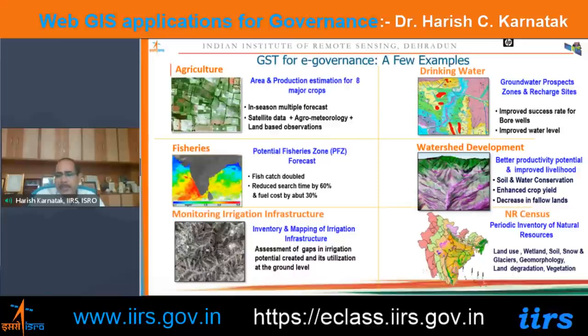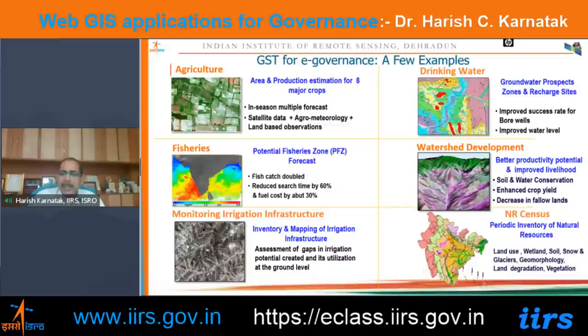Under the watershed development programs, the benefits are better productivity potential and improved livelihood, soil and water conservation, enhanced crop yields, and a decrease in fallow land. So what we do here, we have provided the geoportals and mobile application to the Ministry of Rural Development under our Bhuvan projects, where they are effectively using this platform for their day-to-day project management and monitoring.